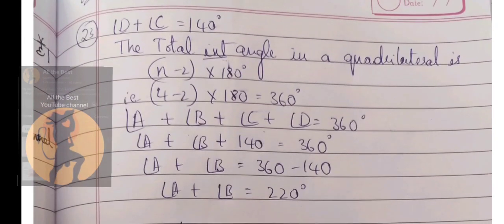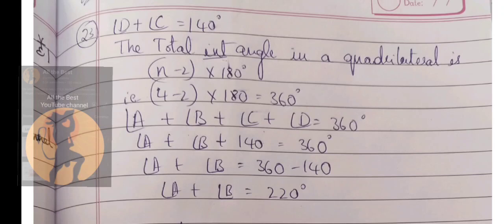So angle D plus angle C is equal to 140 degrees. The total internal angle in the quadrilateral is (n minus 2) into 180 degree, where n is equal to 4, so (4 minus 2) into 180 degree, which is equal to 360 degrees.